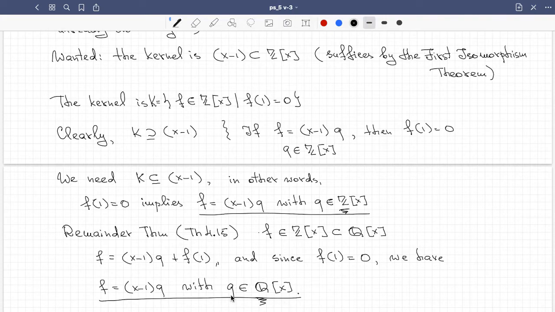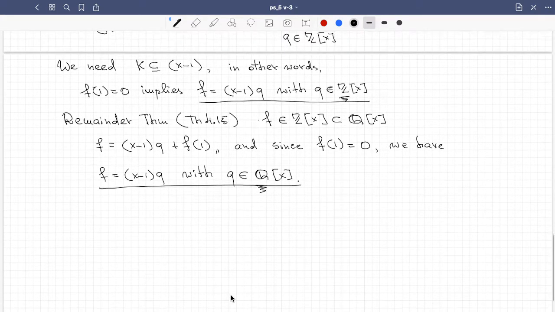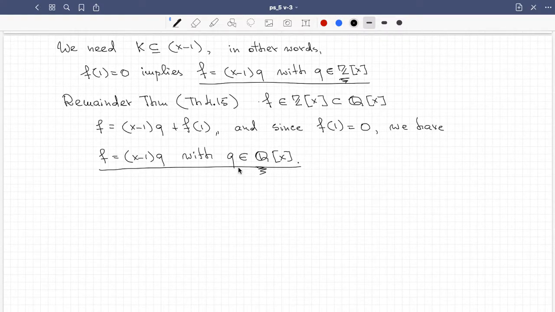So now all we need to prove is that actually, if f is still a polynomial with integer coefficients, then so is q.